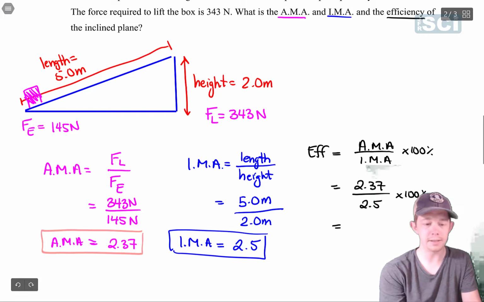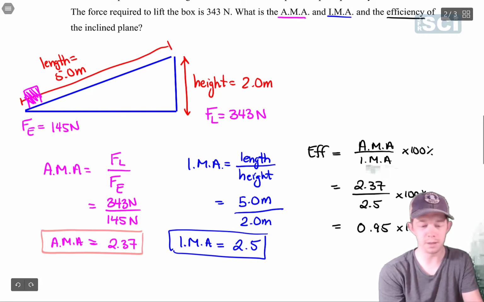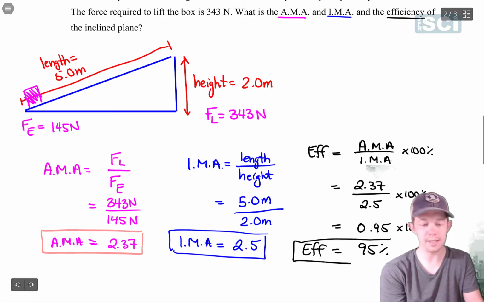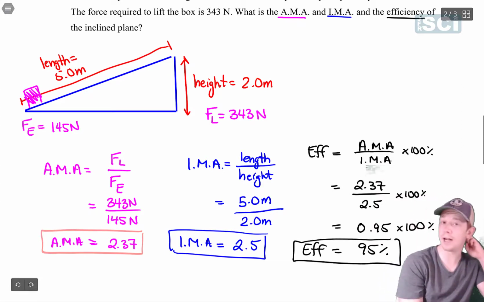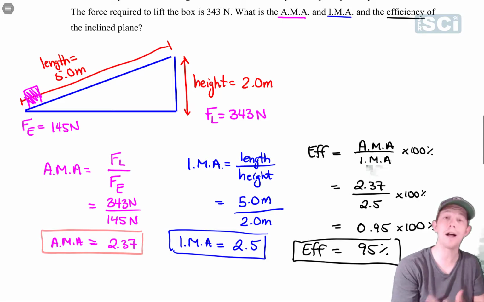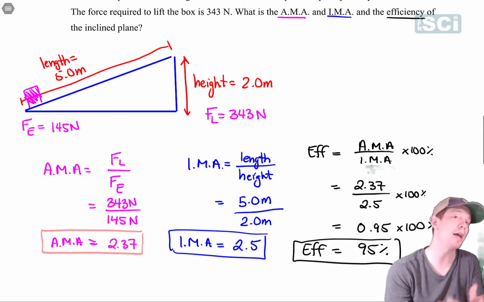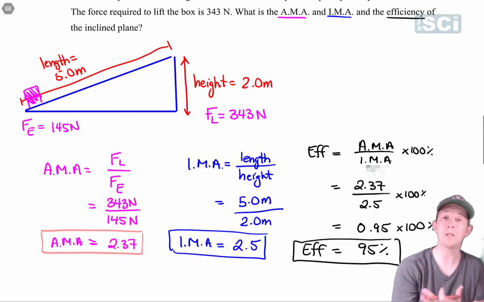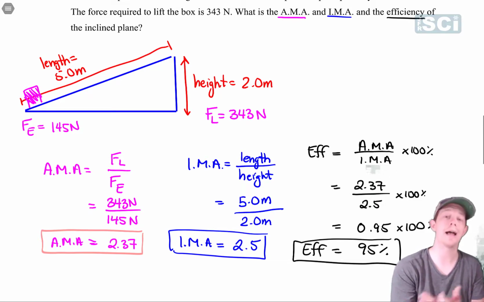And I get an answer of 0.95 multiplied by 100%, or 95%. So my efficiency of this inclined plane was 95%. So I get 95% of the energy out of what I put in. It's telling me that I'm losing 5% of energy as I'm using this simple machine.